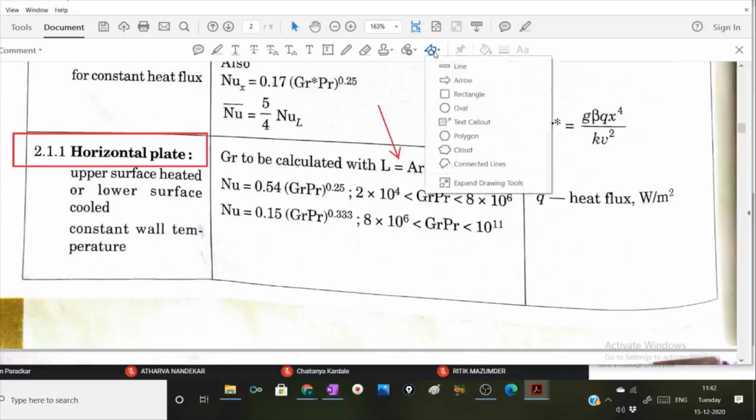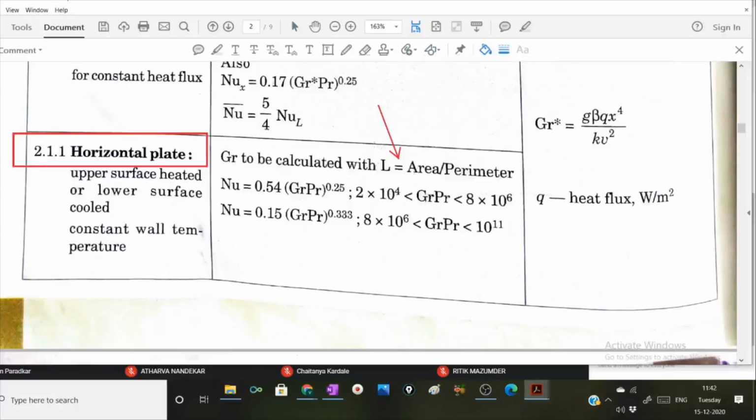This is nothing but the characteristic length, area by perimeter. In a simple sense, this is AS by P.